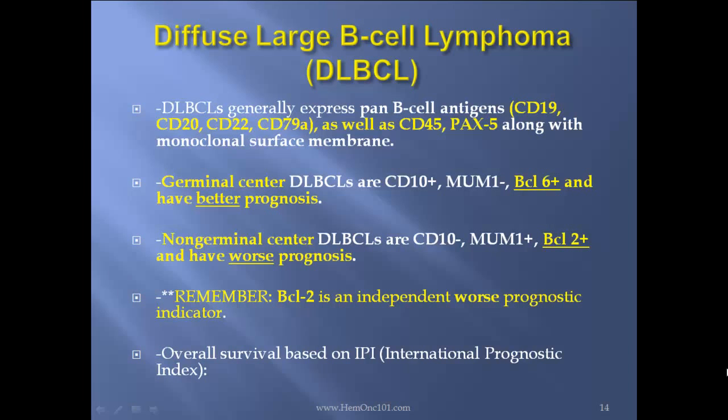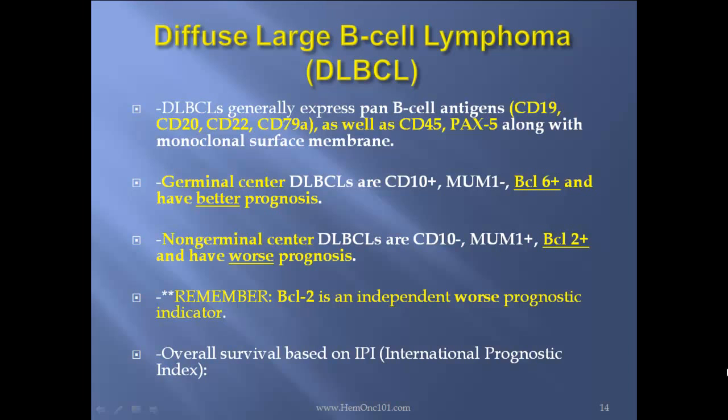The germinal center diffuse B cells are CD10 positive, MUM1 negative, remember MUM1 is a myeloma marker, BCL6 positive, and have a better prognosis. The non-germinal centers are CD10 negative, MUM1 positive, BCL2 positive, and have worse prognosis. Remember, BCL2 is an independent worse prognostic indicator.